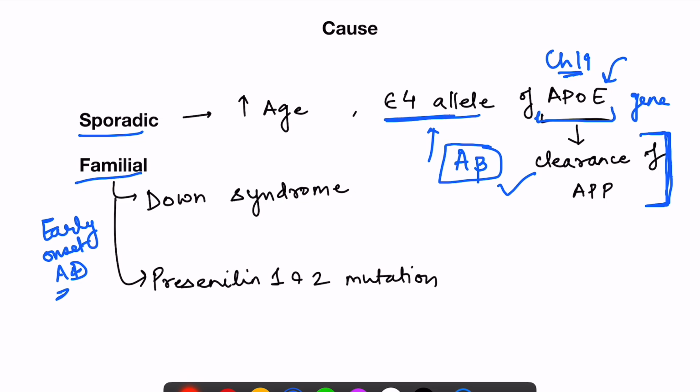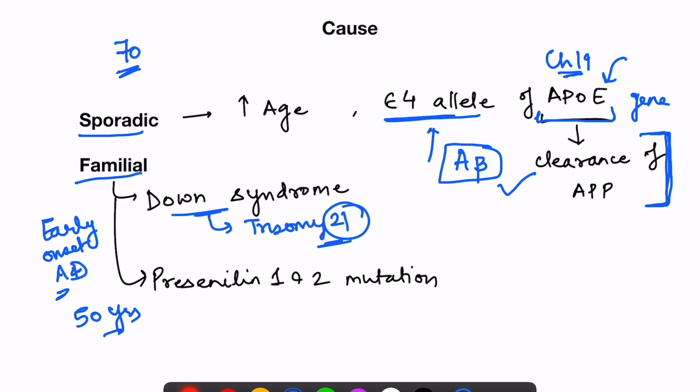Normally, we see the features of Alzheimer disease starting after 70 years of age. Yes, some pathological features may be present, but the clinical features start after 70 years of age. But when we see this familial Alzheimer disease, then even at the age of 50 years, the clinical features may start. And this is seen in Down syndrome. Down syndrome is trisomy of chromosome 21.